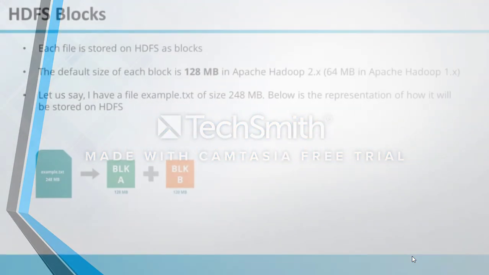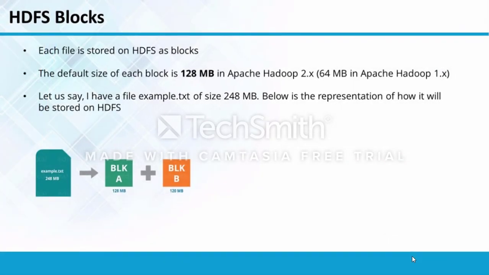It is because, as you know, Hadoop is a distributed file system. So say if I have a file size of maybe 1 petabyte, 1 petabyte of storage is not present in one single machine, since the Hadoop cluster is made using the commodity hardware we defined in the earlier video.